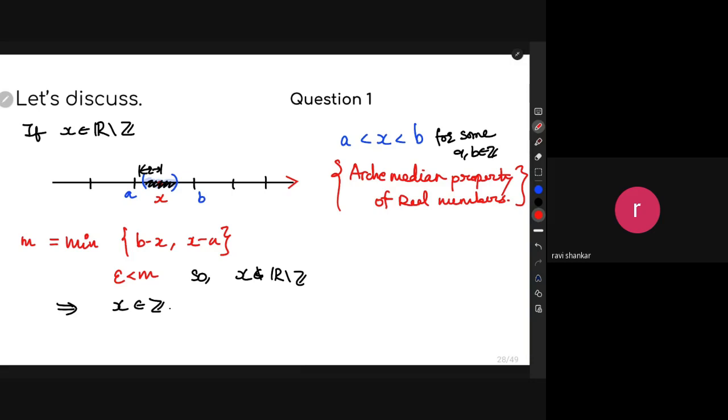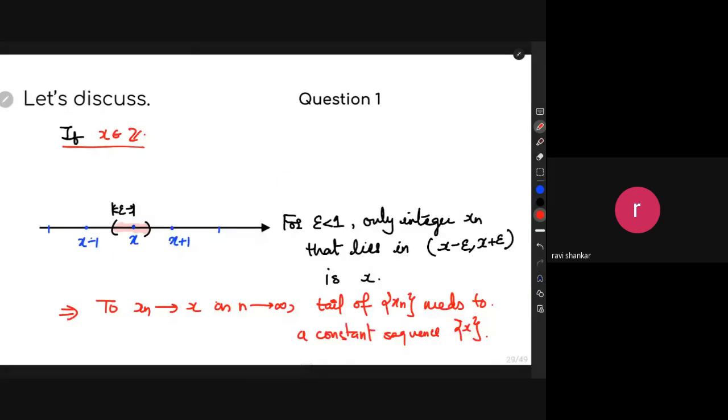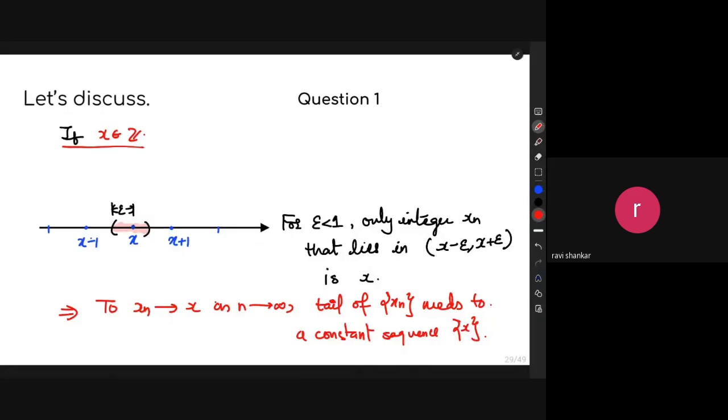And now the second part: when I assume that the limit point of the integer sequence is an integer, then for epsilon smaller than 1, there is no other integer than the limit point x contained in that neighborhood. So for n greater than or equal to some N, all the values in the sequence have to be the limit point x.